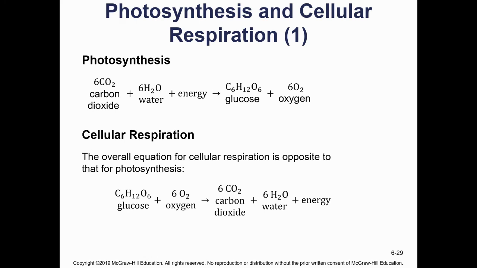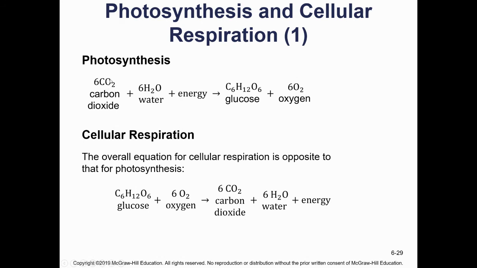This all will come into play when we look at our next chapters for photosynthesis and cell respiration. Photosynthesis, I take two small molecules and I put them together to build a larger molecule, glucose, and release some waste product, oxygen.